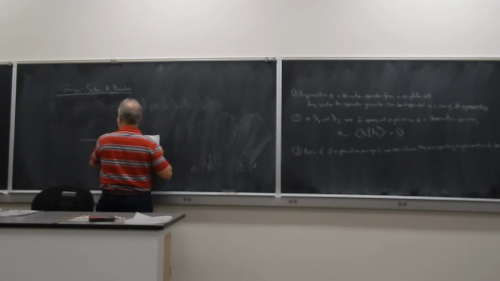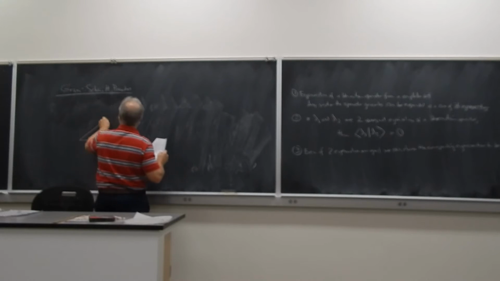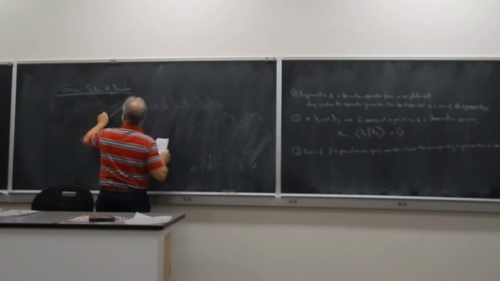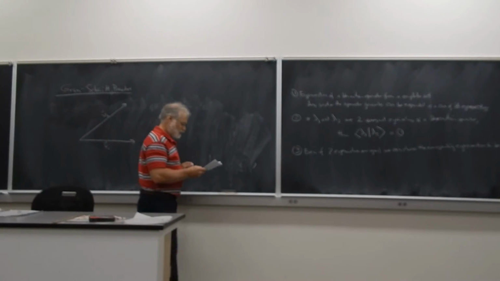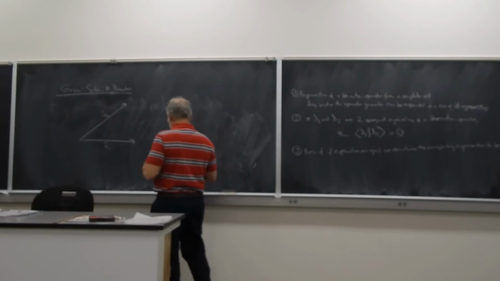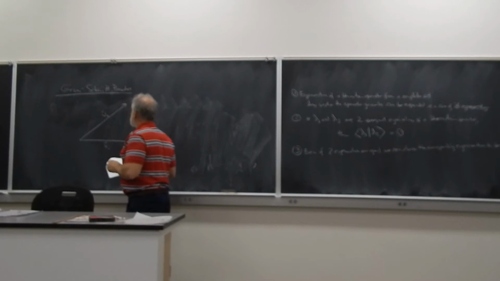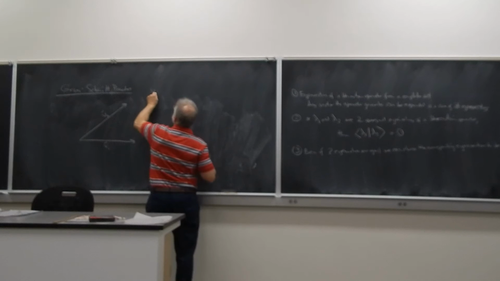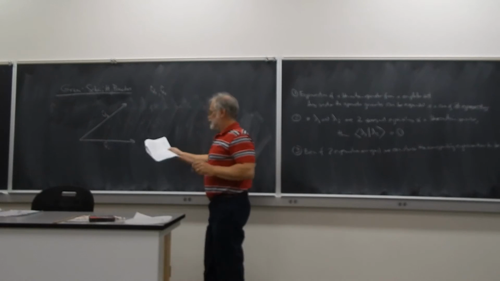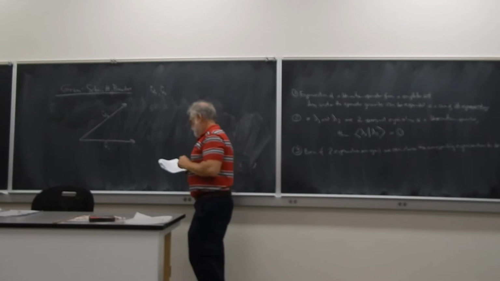I have a vector v1 and another vector v2. What we want to do is construct from this configuration orthonormal vectors, we'll call them v1 hat and v2 hat.